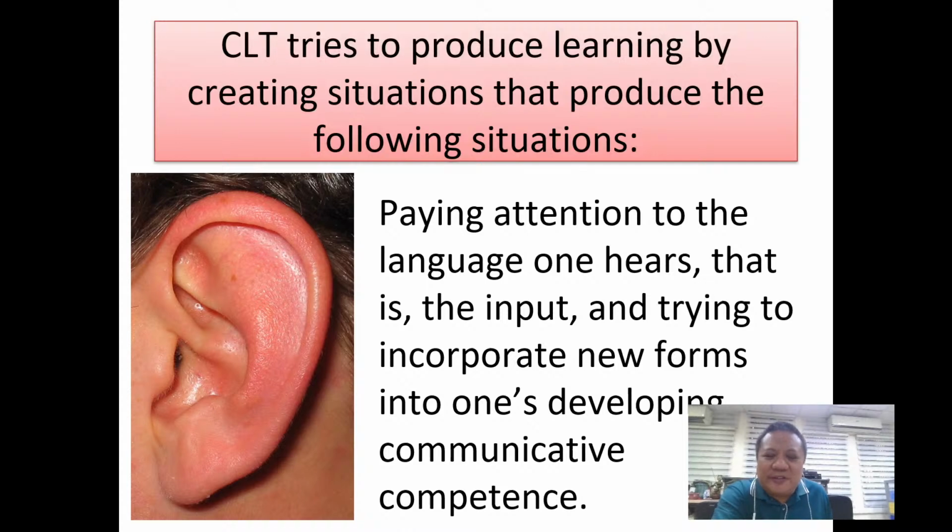Also, CLT tries to produce learning by creating situations where you pay attention to the language that you hear. That's called the input. And then trying to incorporate new forms into your developing communicative competence. So, class, for example, I once encountered a German boy, maybe around 6 years old, and he didn't speak English.